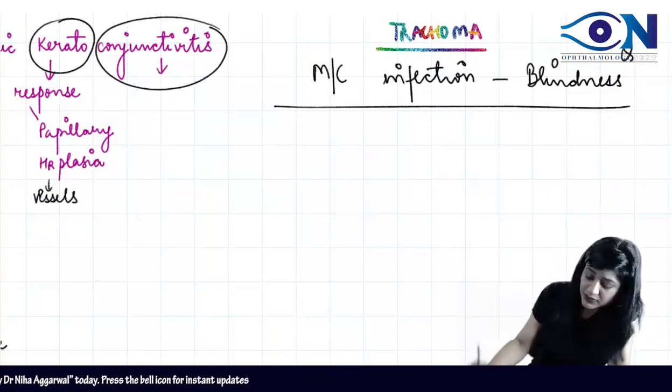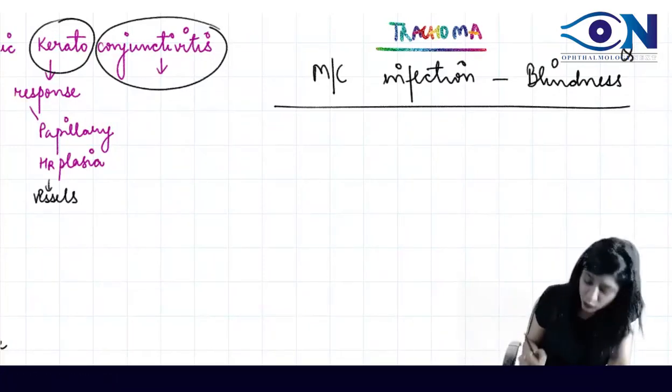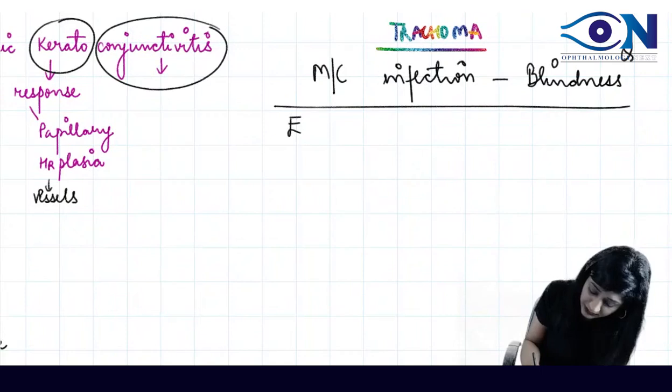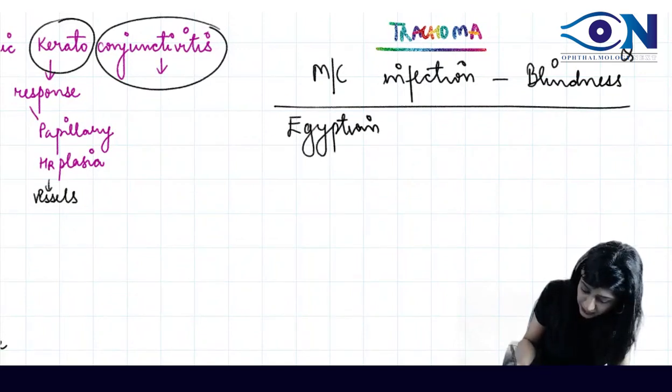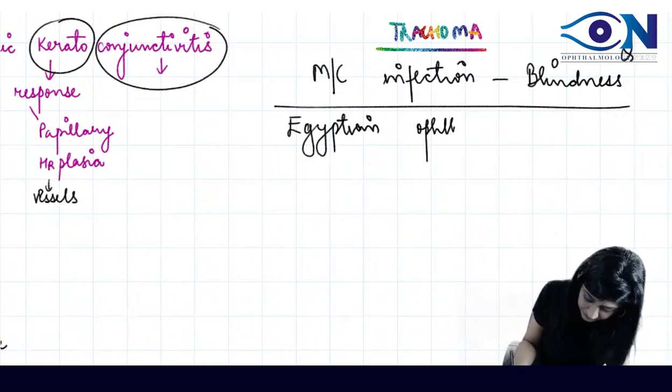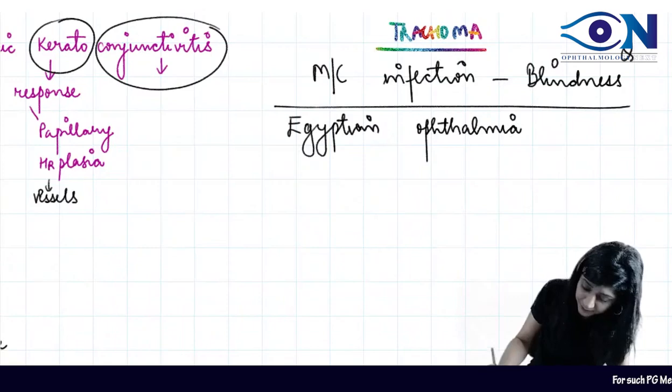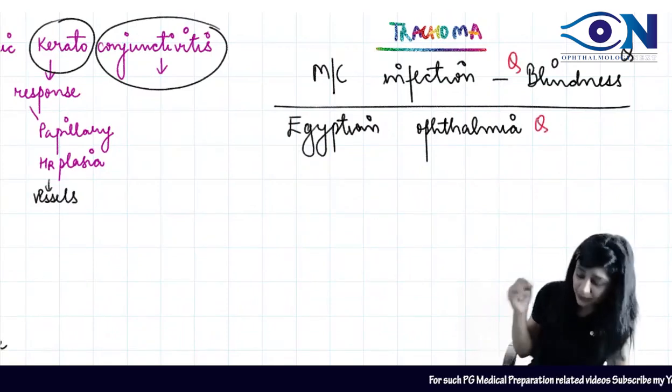So the most common infection that is causing blindness in India is trachoma. Its other name is Egyptian ophthalmia.